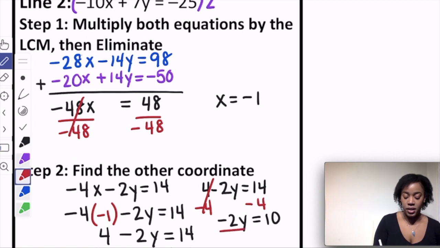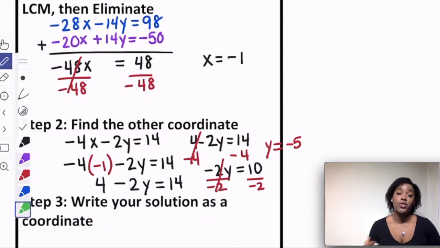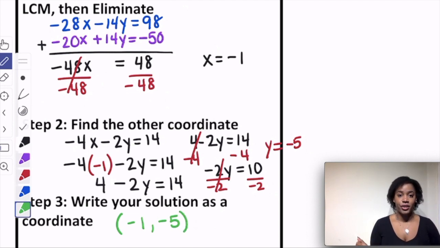And lastly, dividing both sides of the equation by negative 2 in order to get y equals negative 5. Lastly, we have to remember to state our solution. So we have to write the solution as a coordinate, where x is negative 1 and y is negative 5. And that's the final answer.